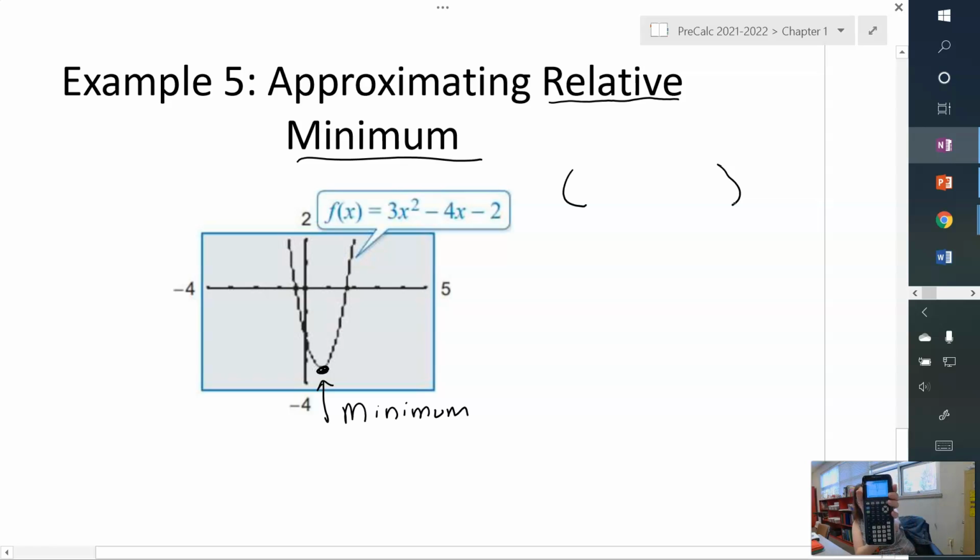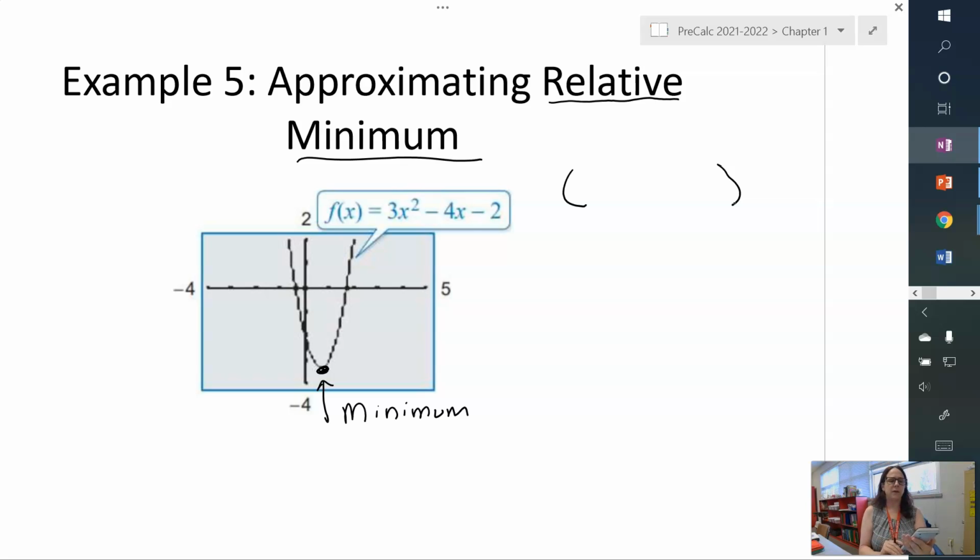So it gives me that graph. Now what I need to do is tell it the window to look in. So we're going to do the right bound is over there, and then I'm going to arrow over until I get past that minimum.